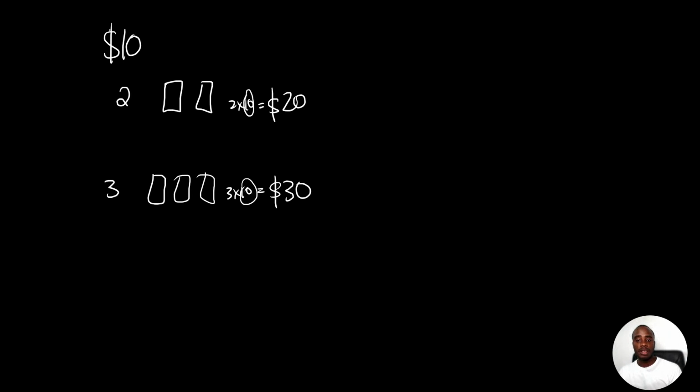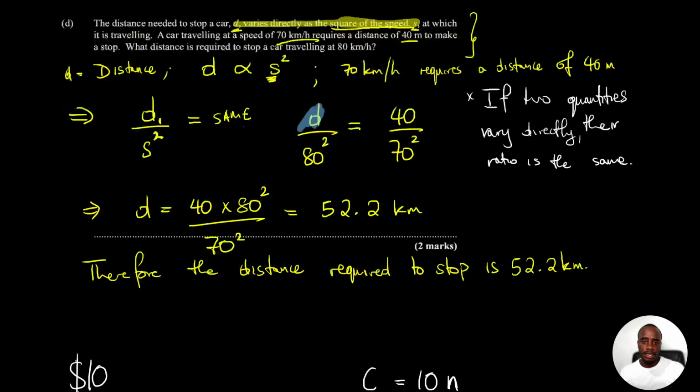So if you think about it, if I say that the cost of bag juice is 10 times the number of bag juice that I buy, then if I divide them, it would always give me back 10. It would always be the same amount. Now come up here. What we're saying is the same thing here.